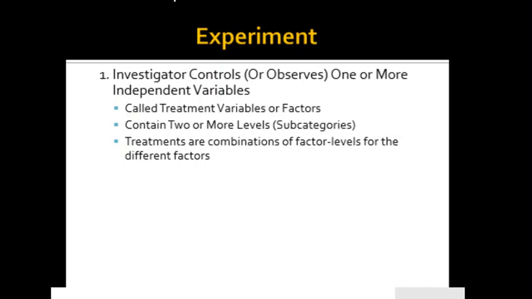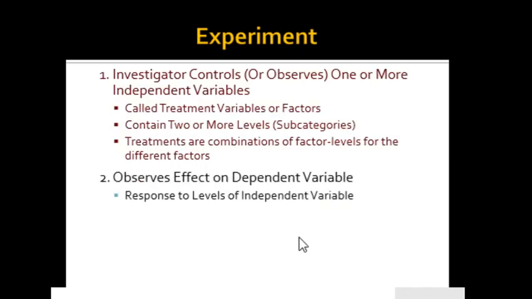The treatments will be combinations of these factor levels for different factors. So we have various x's, and each x can take certain values. The combination of these values will be the different factor levels. The variable that we observe the effect on is called the dependent variable, and the response is measured at various levels of the independent variable.